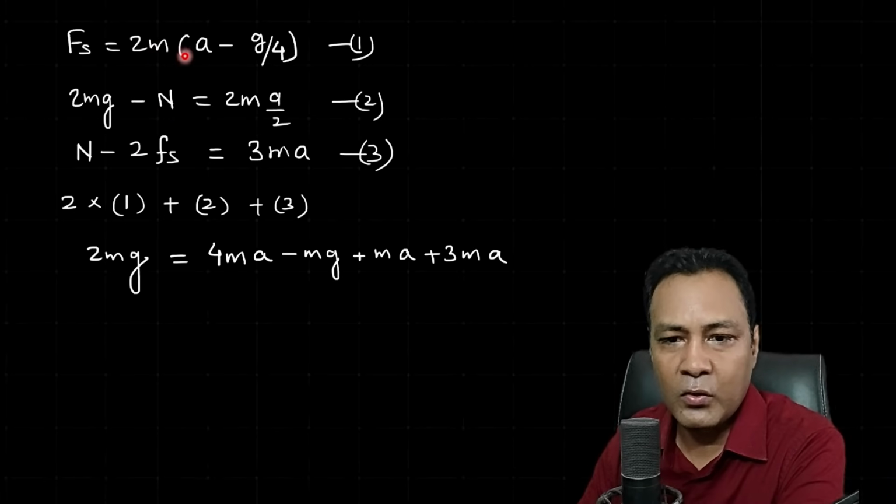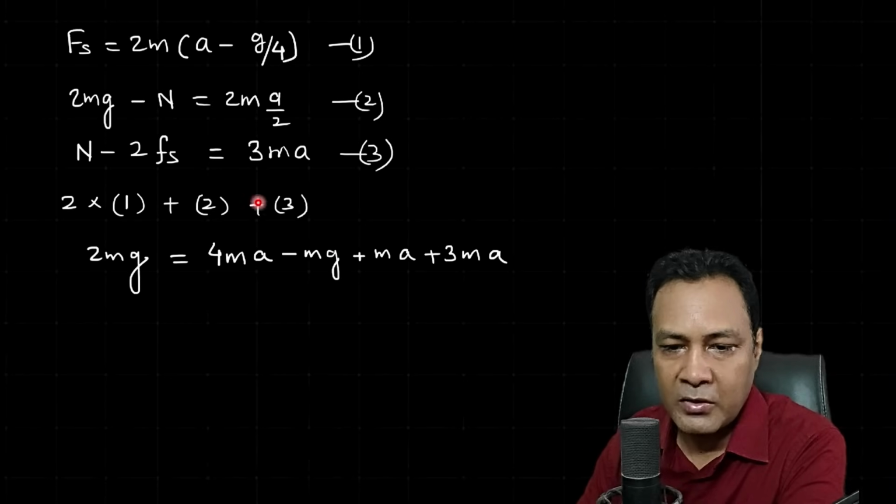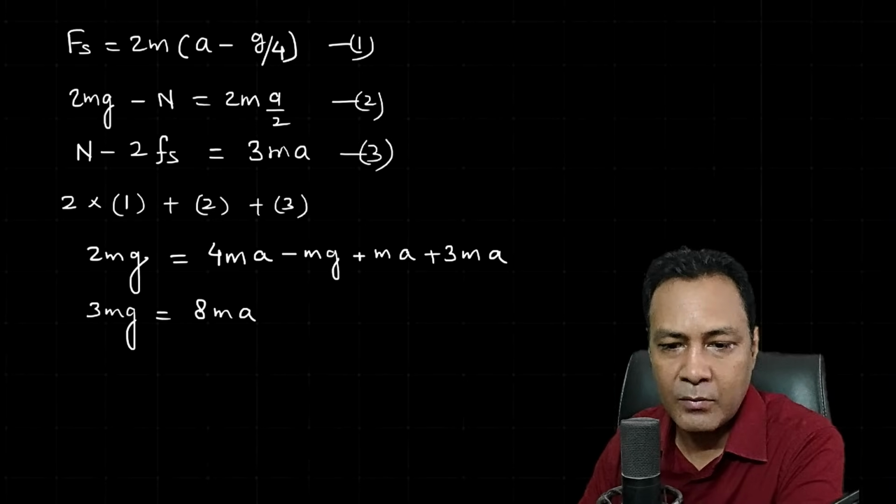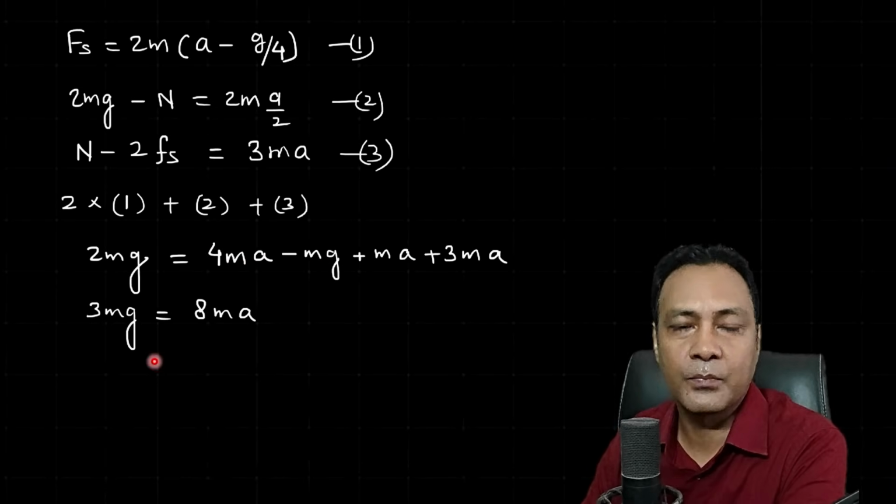On that side, we get 4ma − mg plus ma, which is 3ma. Taking the −mg to the other side, you get 3mg, and 4ma plus 4ma is 8ma.